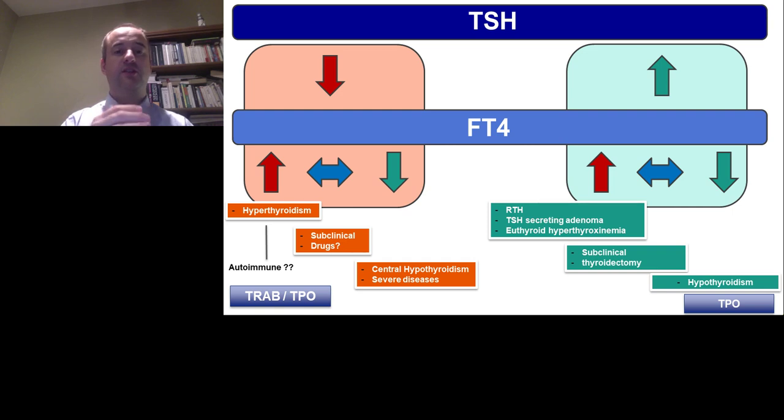And if the TSH is really low, the pituitary is trying to respond to very high circulating levels of hormone, as in hyperthyroidism, because we have a nice feedback between the pituitary, the thyroid, and the level of thyroid hormone circulating in the body. So TSH is the first line test.